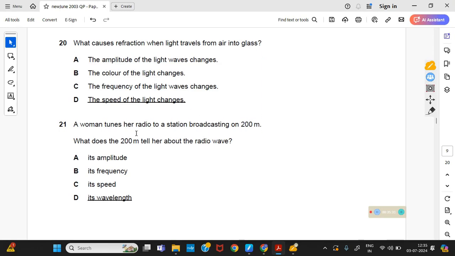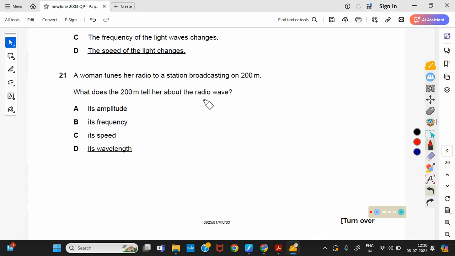A woman tunes her radio to a station broadcasting on 200 meter. What does the 200 meter tell her about the radio waves? It is the wavelength. The wavelength of the radio wave is given as 200 meter. This indicates the distance between two consecutive points in the wave that are in the same phase.